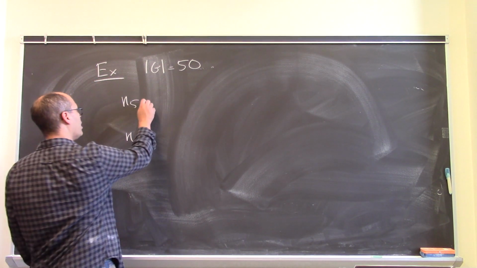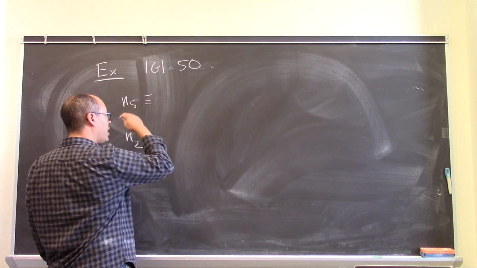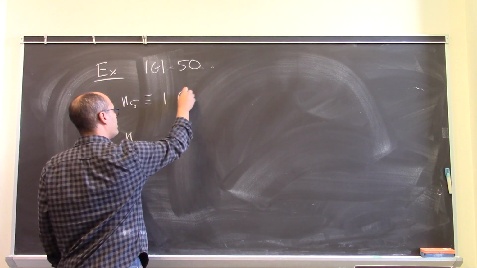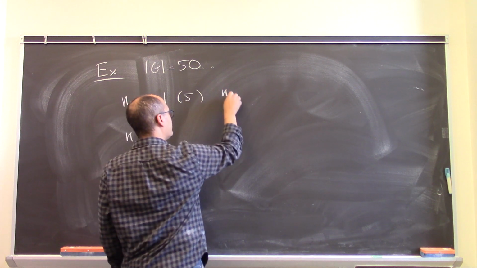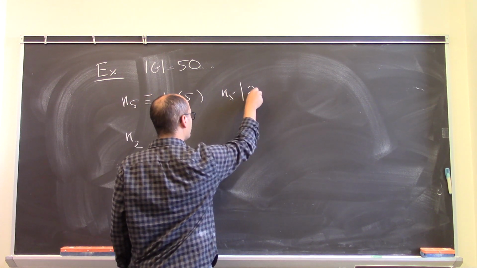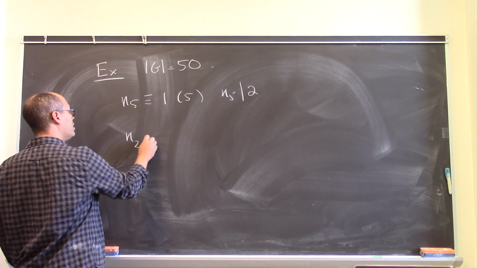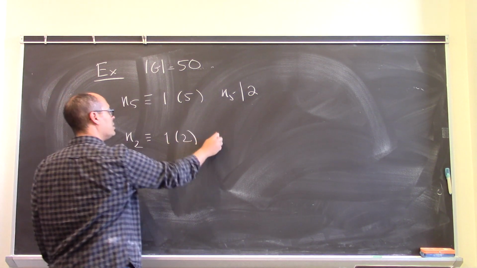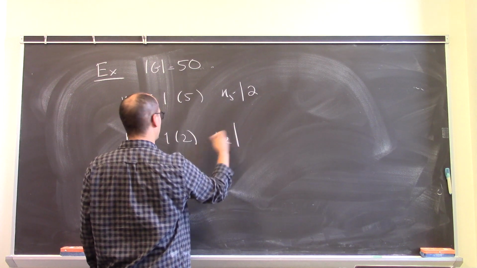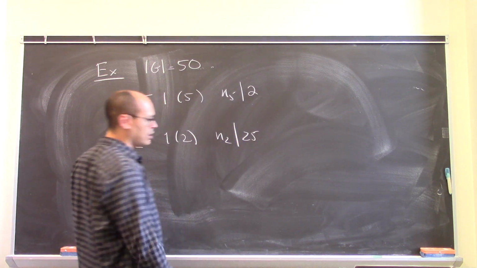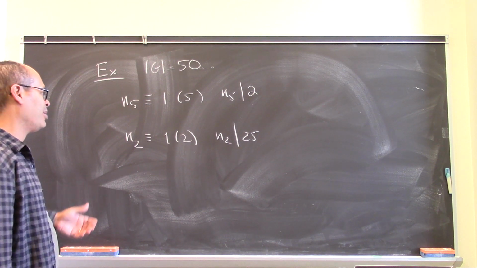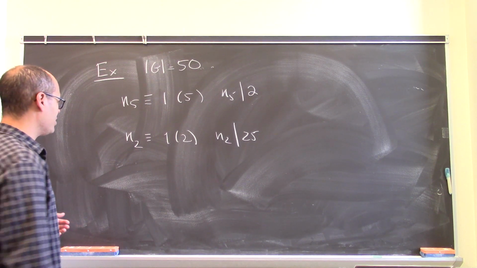And we know that the number of 5-Sylow subgroups has to be congruent to 1 modulo 5, and it has to divide 2, the index of such a group. The number of 2-Sylow subgroups is congruent to 1 mod 2, and n_2 has to divide 25. A lot of possibilities for n_2, well, a couple. It could be 1, 5, or 25, I suppose, right?